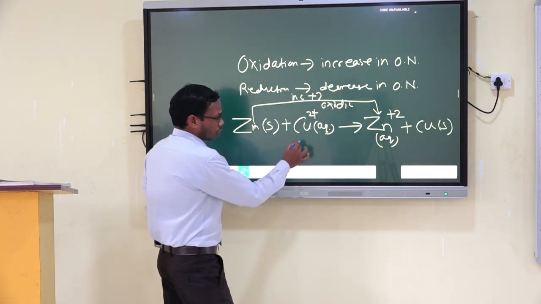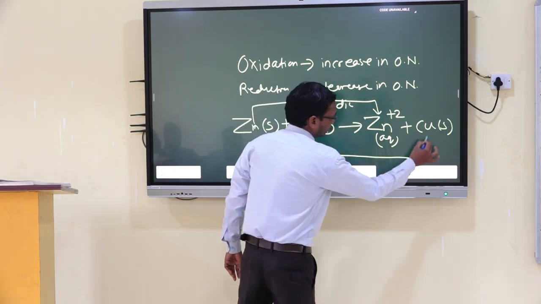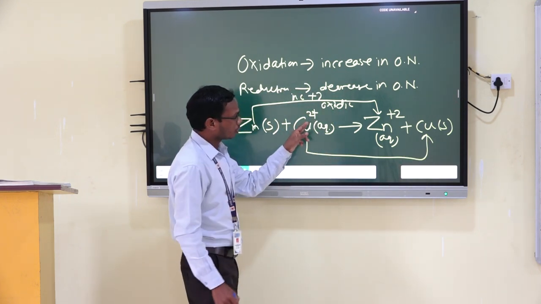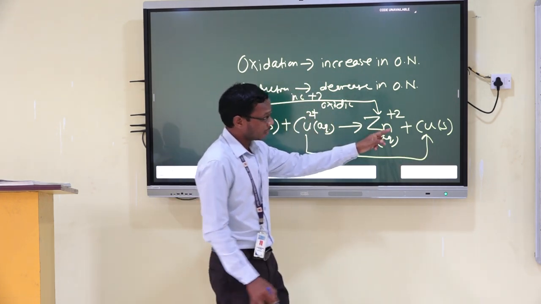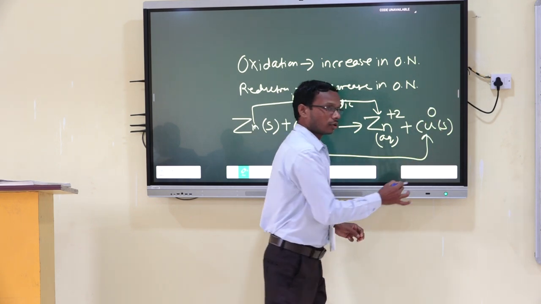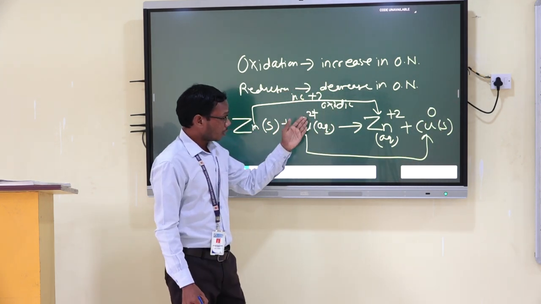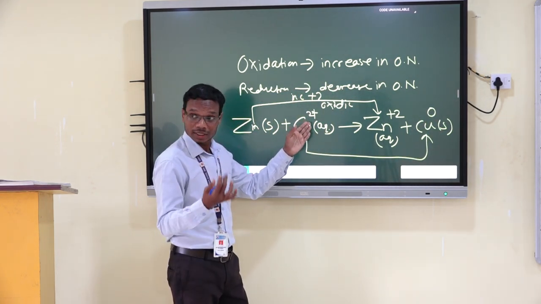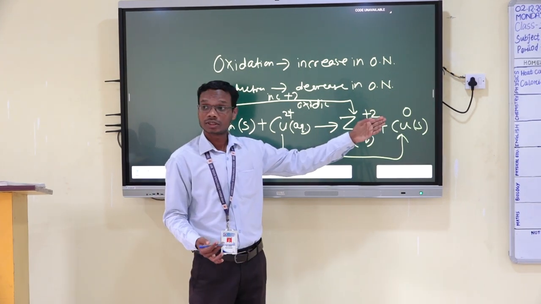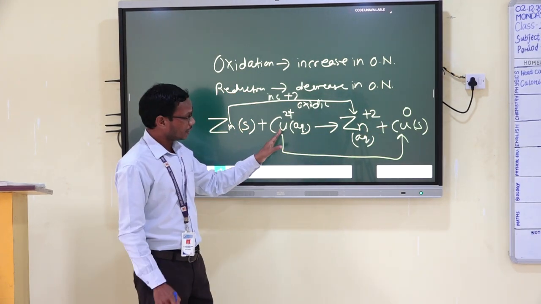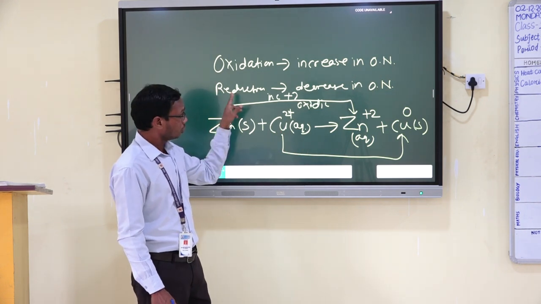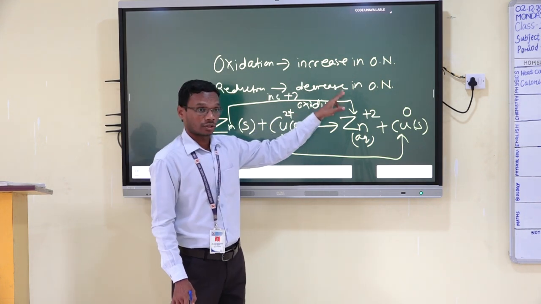Similarly, copper: the oxidation number of copper on the reactant side is +2 and on the product side it is 0. So what happened when it changed from +2 to 0? That is a decrease. It is gain of electron, but according to this topic, it is decrease in oxidation number.